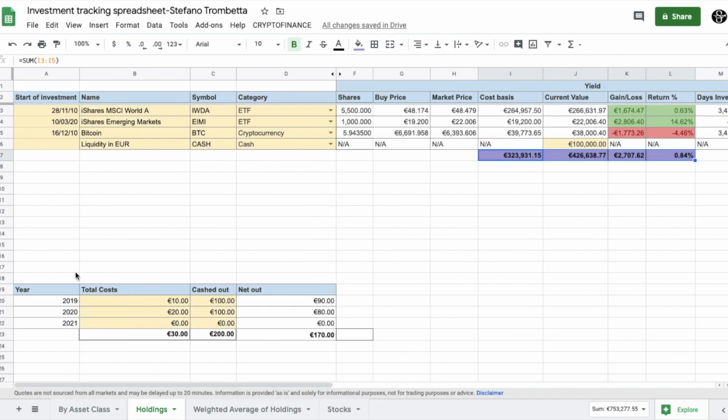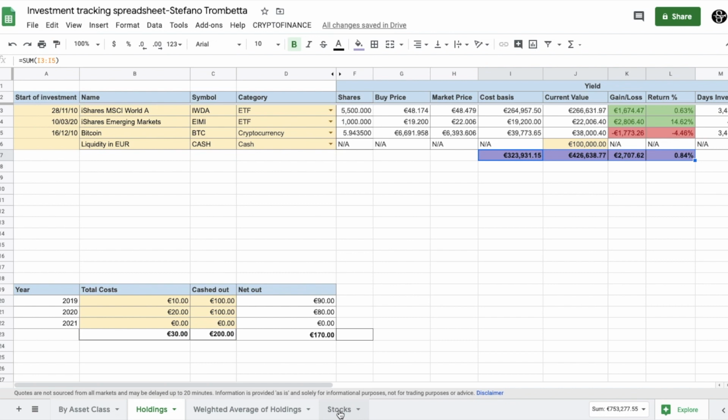Here, if you close a position, you can simply type in how much you cashed out, and every year you can put the cost that you spent to buy a position, and you can simply look at the total costs from the report of your broker. It's pretty easy.